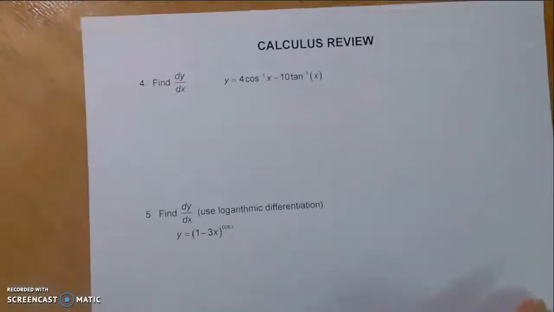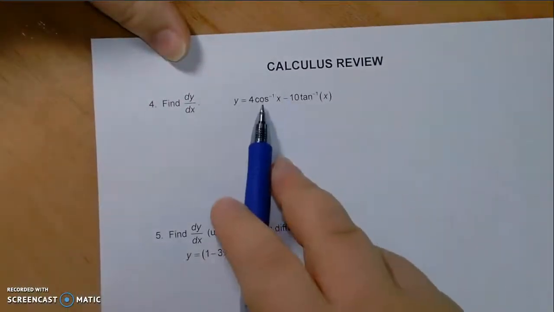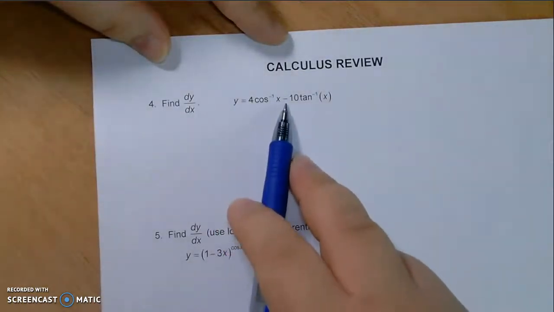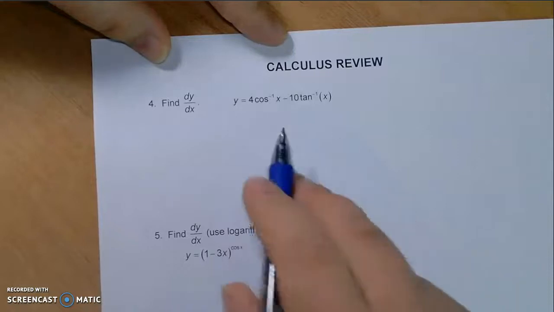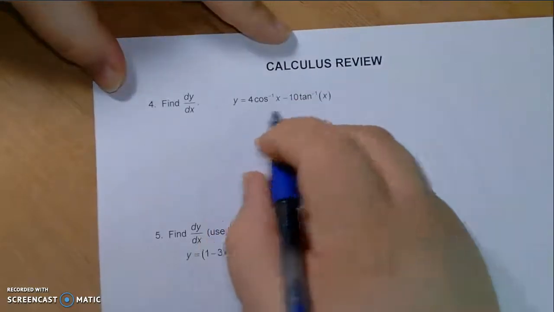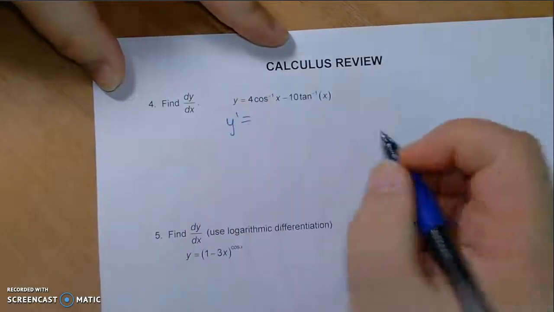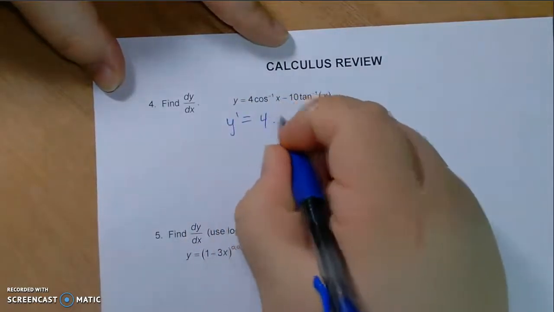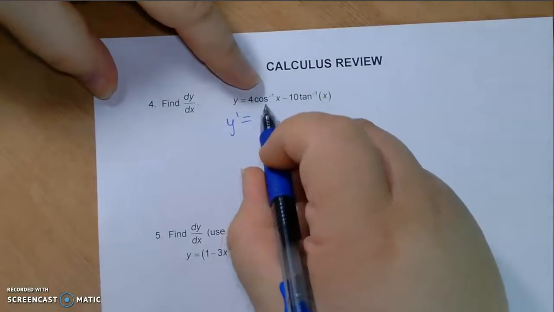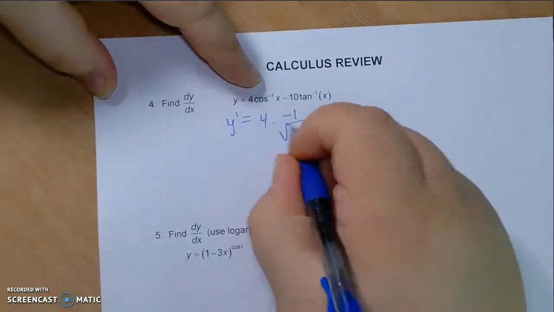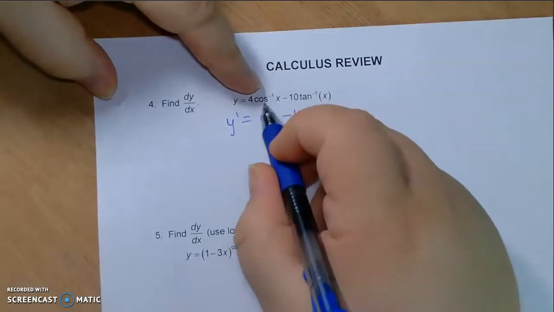Couple more here. We see that we have inverse trig functions, but that they're subtracted. So we're not going to do anything fancy, no product rule or anything. Just have constant multipliers for both. The first is 4 times. Now remember the cofunctions have a -1 in the top, and then they look just like their cofunction.